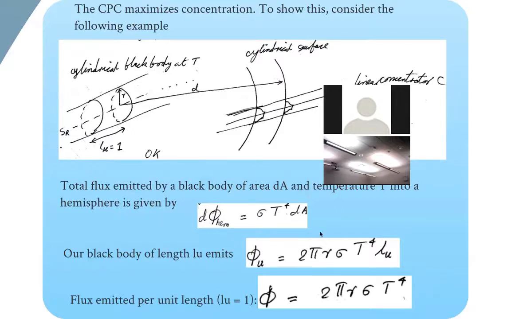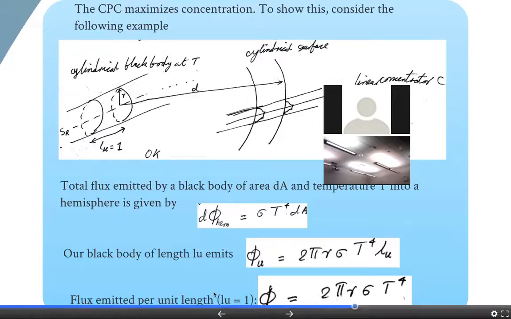Simple so far. So the total flux is 2 pi r Lu times sigma T raised to 4. Because this is an infinitely long cylinder, we're going to make Lu equal to 1, which means we want to know the flux per unit length. So for every unit length of this source, how much flux is coming out.